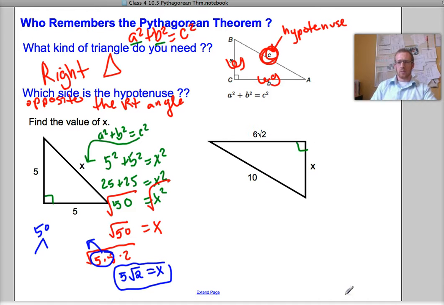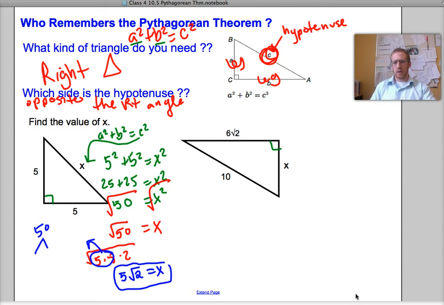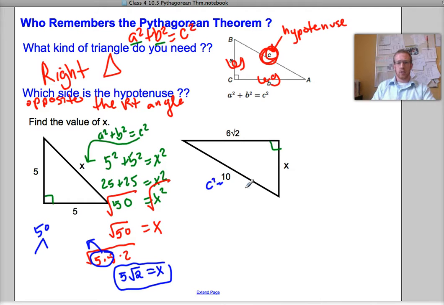Alright, so now our variable is one of the legs. So number 10 is our c. Our c, that's our hypotenuse. So if I'm doing a squared plus b squared equals c squared, then I'll call this a, and I'll call this b.